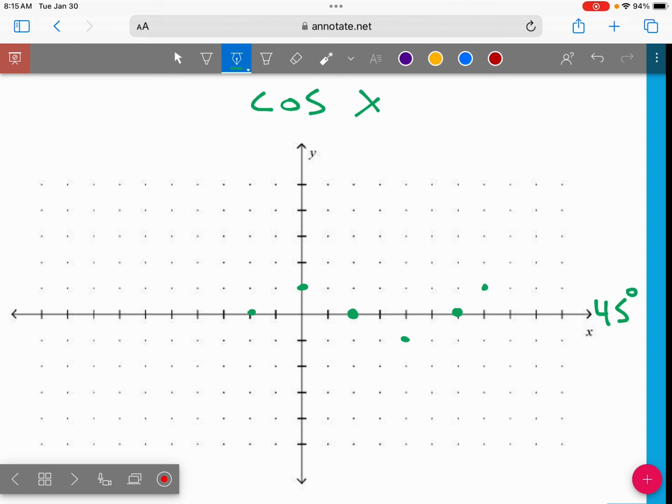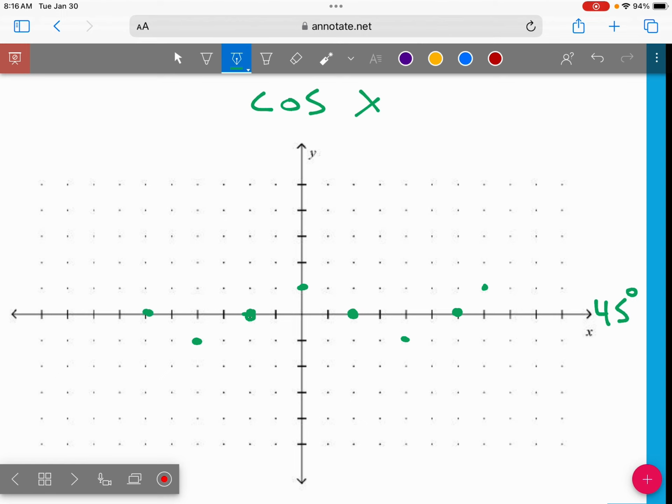When we're going in the negative direction, cosine of -90 degrees equals 0. From there, cosine of -180 degrees is the same as cosine of 180 degrees. They're both going to be at -1.